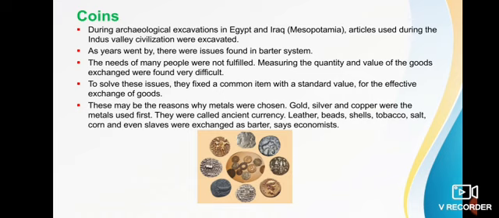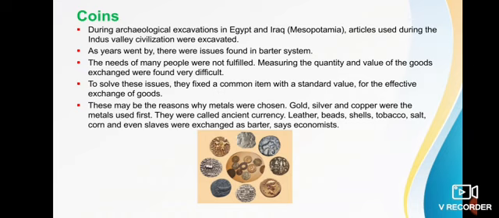To solve these issues, they fixed a common item with a standard value for the effective exchange of goods. Thus, the result is the coin. This may be the reason why metals were chosen. Gold, silver, and copper were the metals used first.